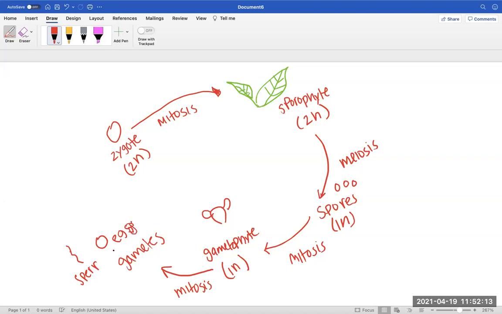Once they find each other, they're going to fuse together and go through fertilization. And that's going to give you a zygote. And this whole cycle is going to repeat. So this is called alternation of generations.